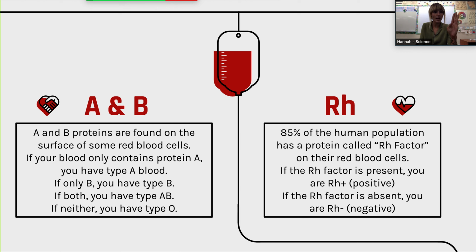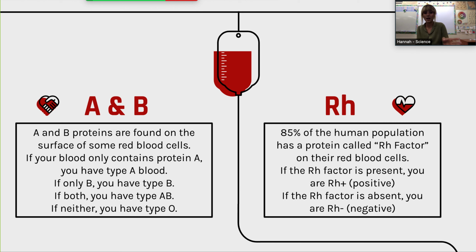And so we'll say both your AB and your Rh factor together. So for example, I have type A positive blood. That means that my blood has both the A protein and it has the Rh factor. If I had type A negative blood, then I would have the A protein, but I would not have the Rh factor.